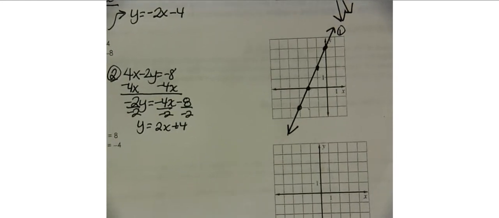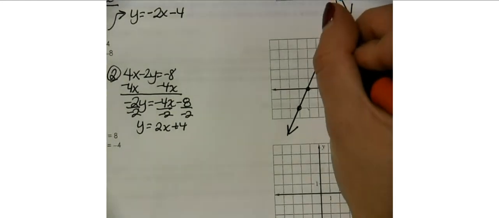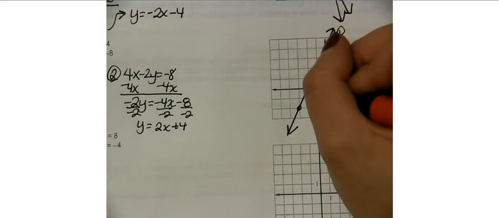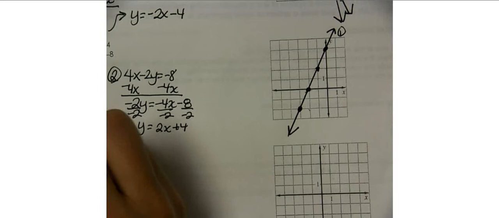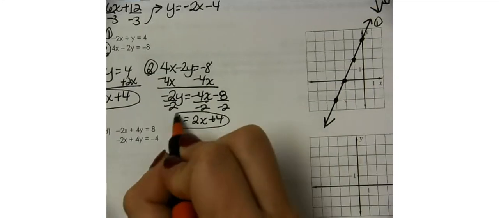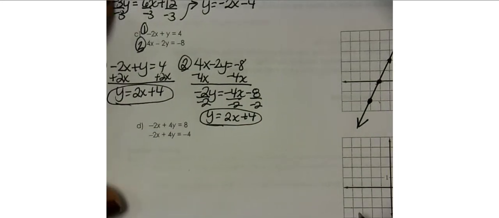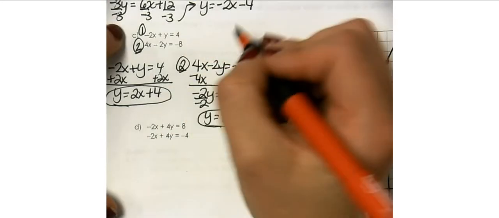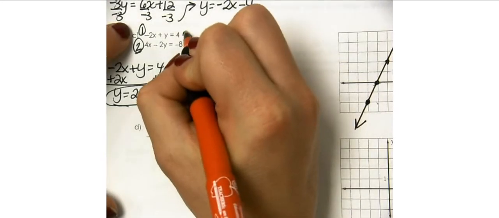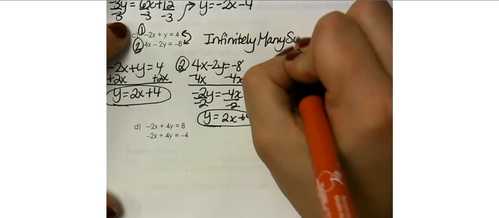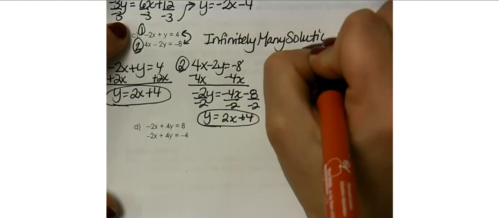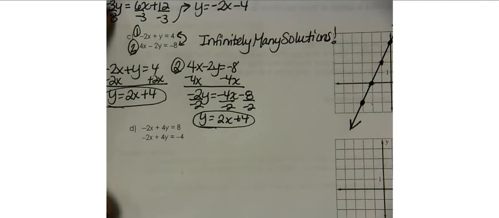So I'm going to go up to 4, and once again I have to go down 2 to the right 1, and I'm going to be plotting the exact same points. Look at these equations. These are the exact same equations. So what that means is that these two original equations have infinitely many solutions. There is nothing that we can truly check.